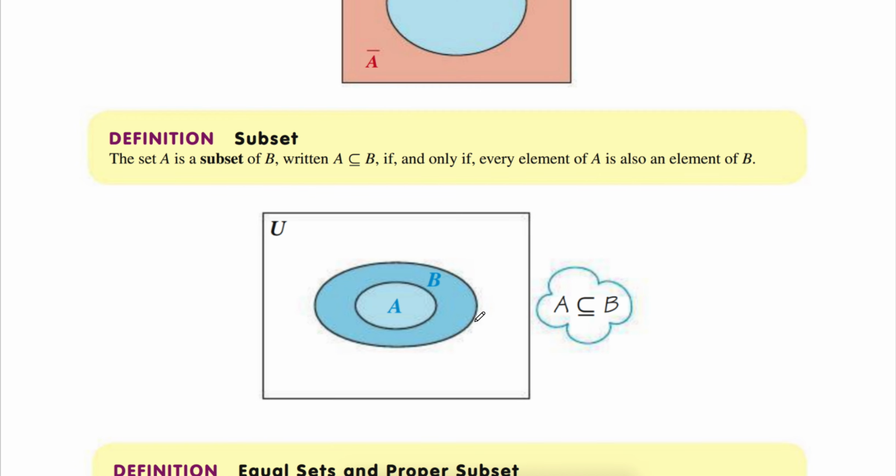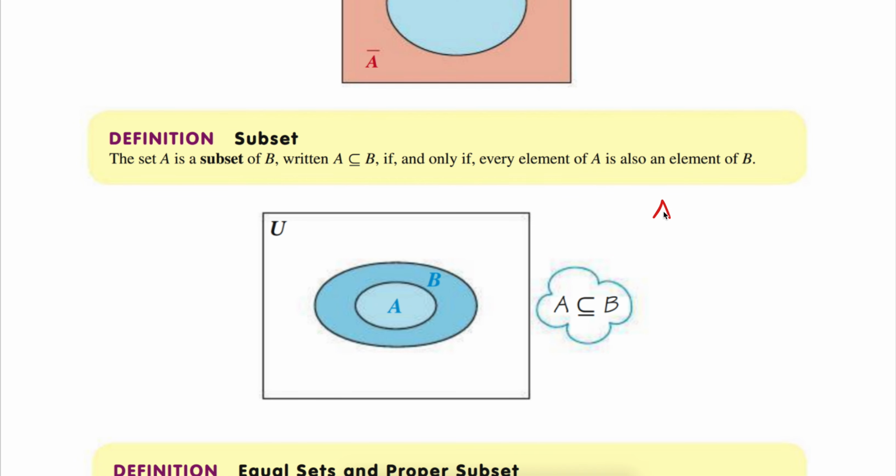This next definition is a subset, and we'll actually get a little more refined with this definition in a second. But a subset is a set that is contained within another set. You can think of subset the way we would use a less than or equal to. So the set A is a subset of B if every element in A is also in B. Now, let me just keep it real simple here.